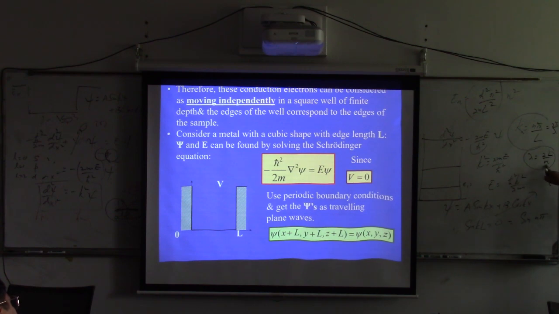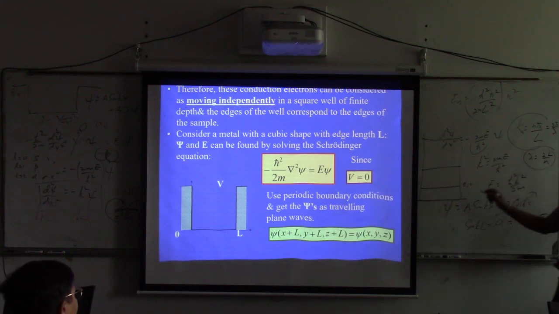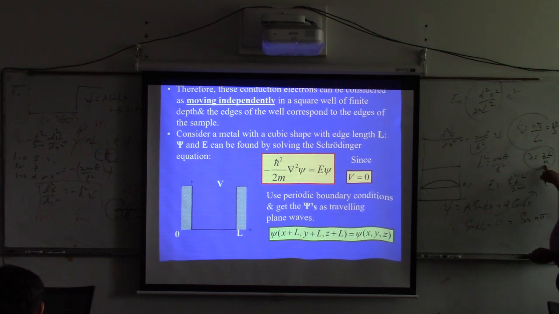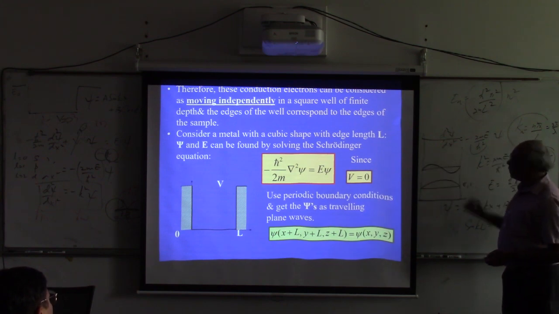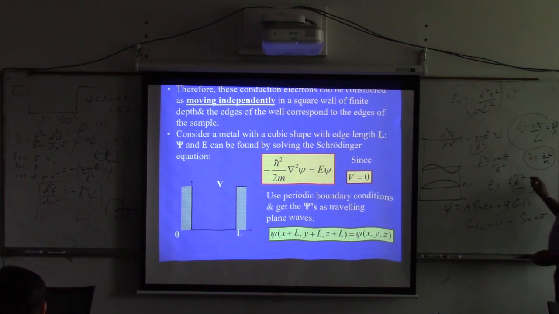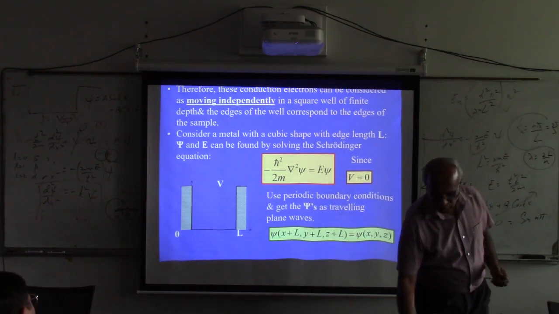For n equals 1, which is E1, lambda is 2 times L, so it is something like this. For the next one, n equals 2 means lambda equals L, something like that. So you can calculate the energies using this equation. You guys know these things here.